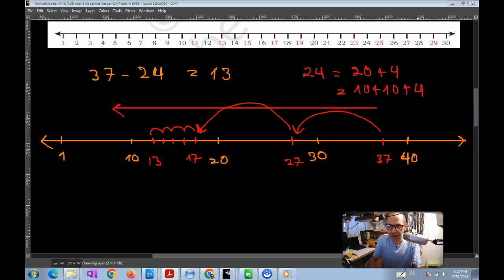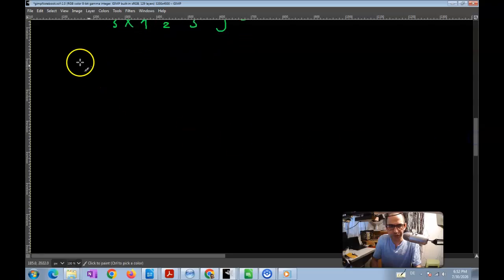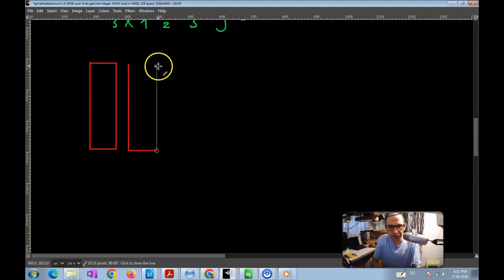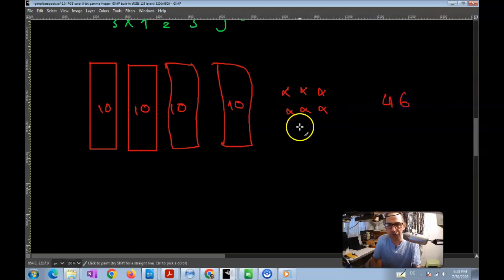So I have these 46 flowers. There is one group of 10, another group of 10, another group of 10 over here, another group of 10 over here, and there are 6 loose ones over here. That's a 10, that's a 10, that's a 10, that's a 10, and then this number is 46.